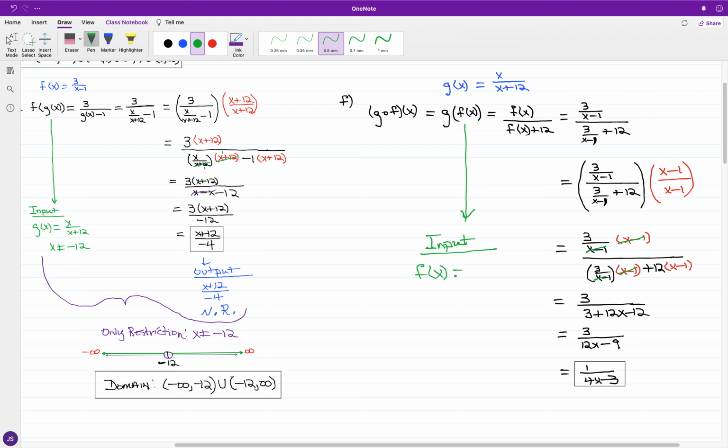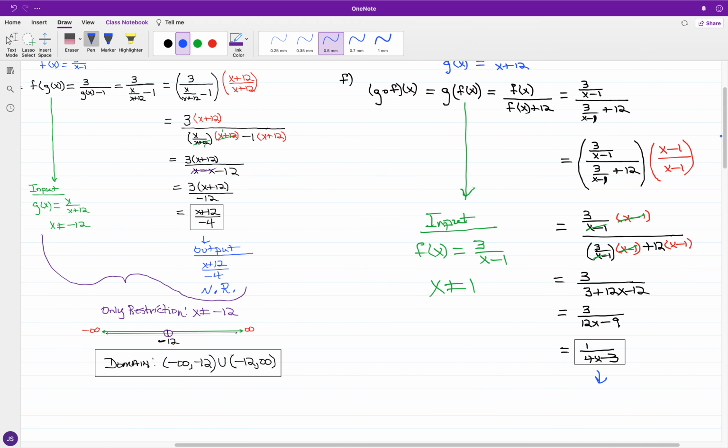Again, for f of x, we have 3 over x minus 1. For the restriction, x cannot be equal to 1. And in the case of the output, we have 1 over 4x minus 3.